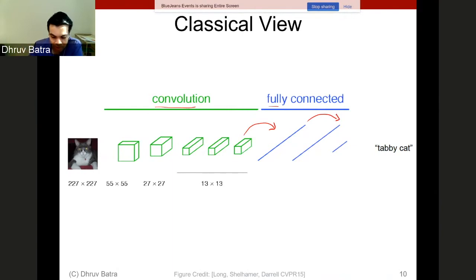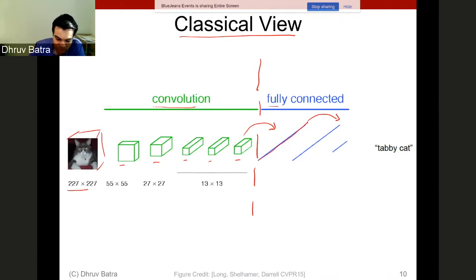this transition happens. And in that context, the classical way of thinking about CNNs is to divide your network into two types of layers. Your CNN starts off with a tensor as an input and keeps operating convolutions on these. And at some point, it gets converted into vectors.